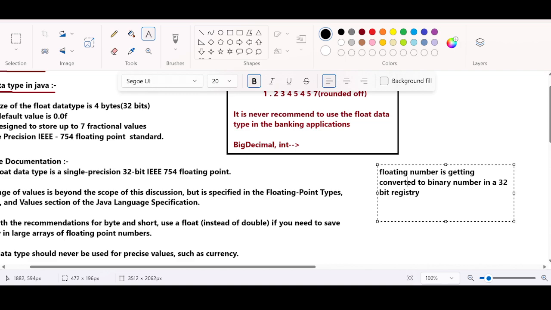When the registry is 64-bit, you call it double precision.